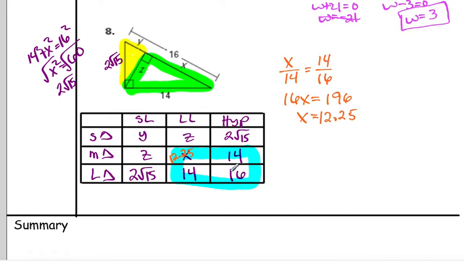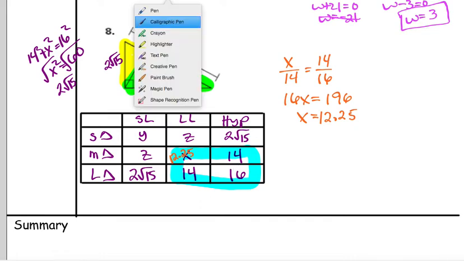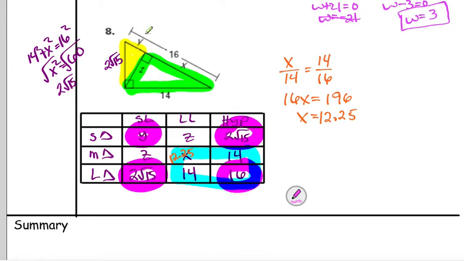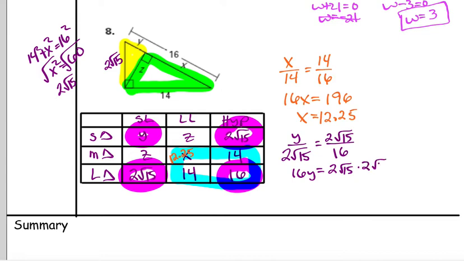So now let's find y. I'm going to use the 4 corners to find y. So I'm going to use y, 2 root 15, 2 root 15, and 16 there. And so 16y equals 2 root 15 times 2 root 15.